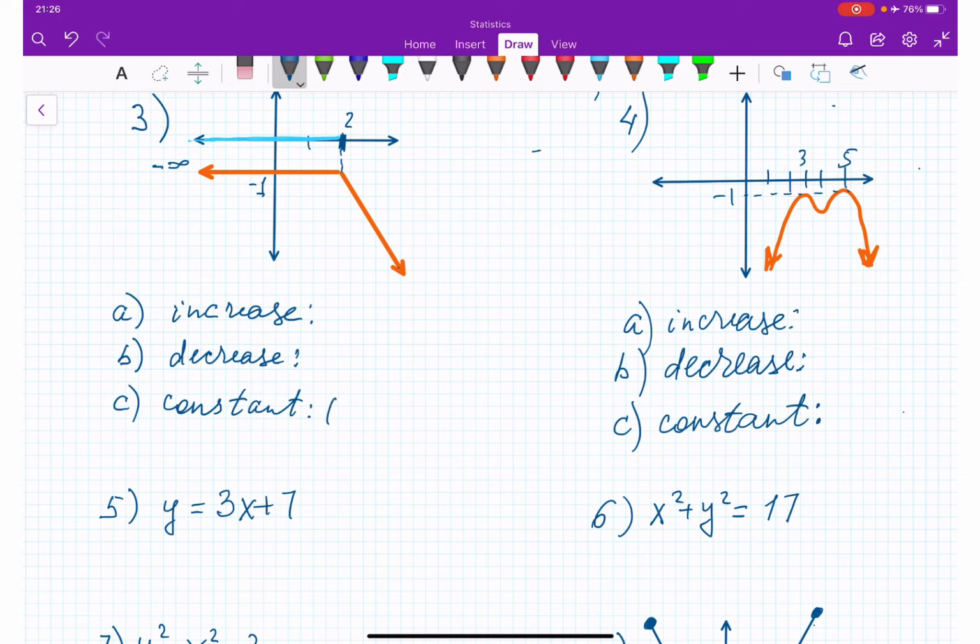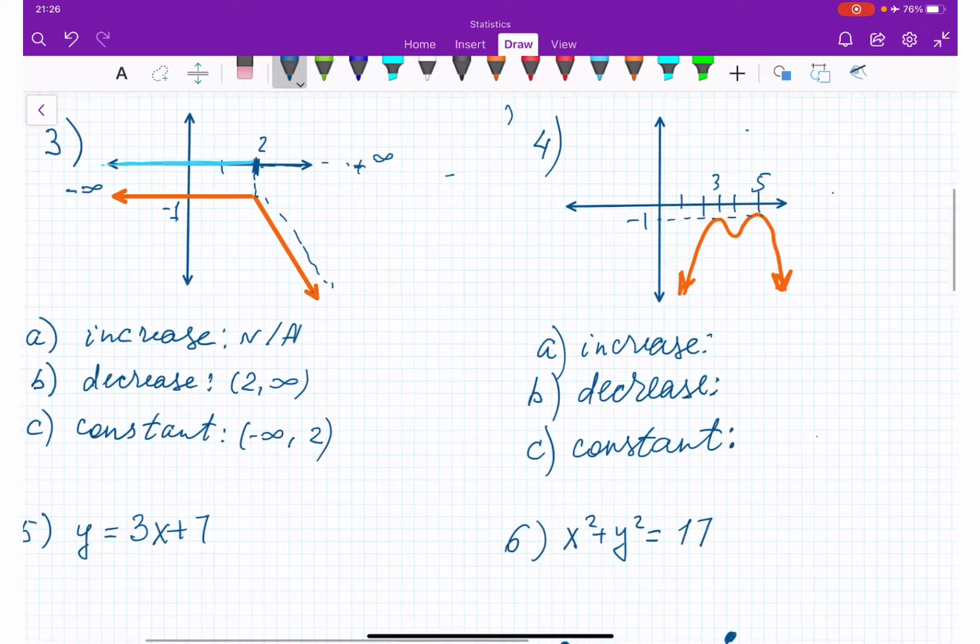So we write down negative infinity till 2. It's constant. Now starting from point 2 and all the way to positive infinity, the graph is decreasing, correct? So the graph decreased from 2 to positive infinity. And there is no increase.